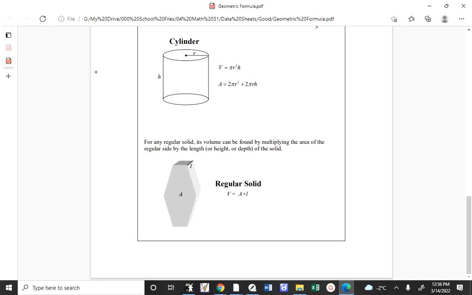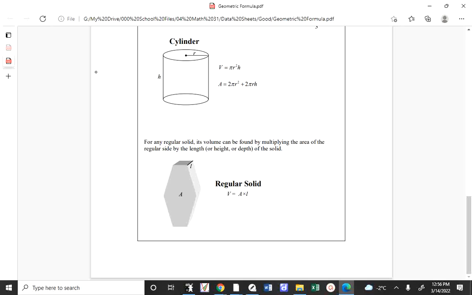So, as an illustration here, if I have this and it's a cylinder with a hole in it, this is considered a regular solid, because if I take a really sharp mathematical knife and I slice it horizontally, anywhere I slice it along here, I'm going to get this same shape, right?